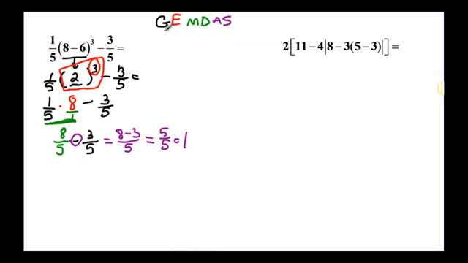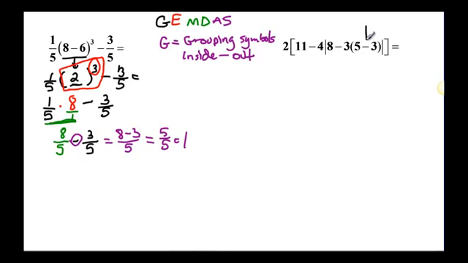Because when we do grouping symbols, let me just write it here. Grouping symbols means that we are going to do grouping symbols. That's what the G means. And then we have to do it from the inside out. So you want to do the innermost ones first. So if you look at this, we have brackets, and we have an absolute value, and we have parentheses.